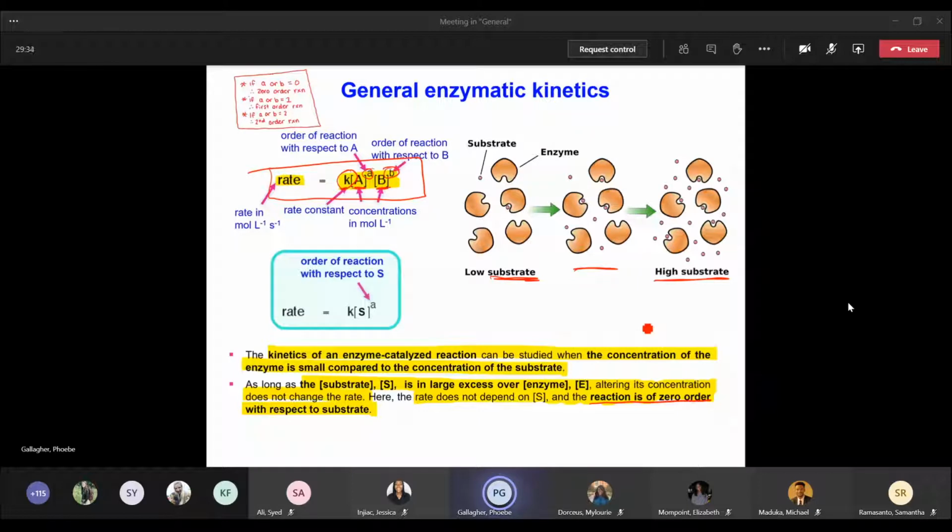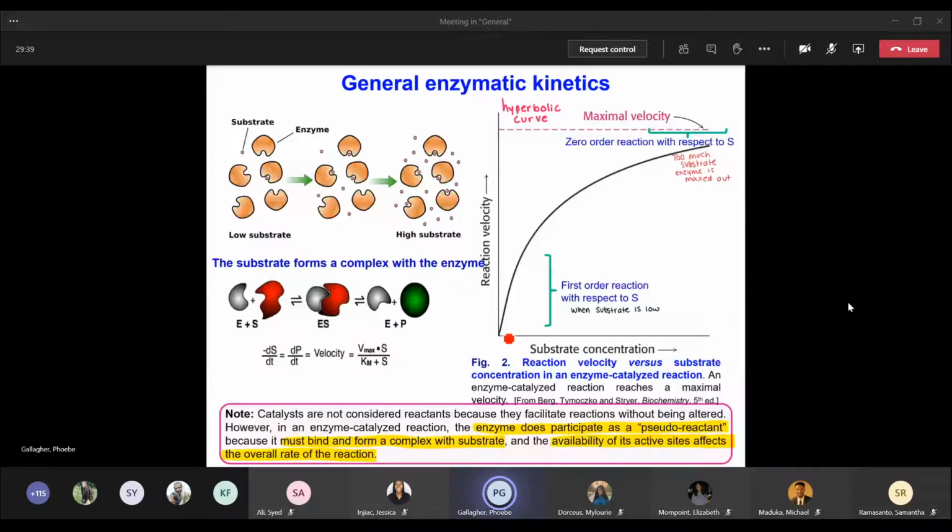So she was just introducing the fact that with enzyme kinetics, most enzymes will be first order at the beginning and then 0 order towards the end when they reach their maximum velocity and the enzyme is saturated. I would also know that the enzyme is not considered a reactant because it's not being used up. It is known as a pseudo-reactant, and it just really helps the reaction progress.